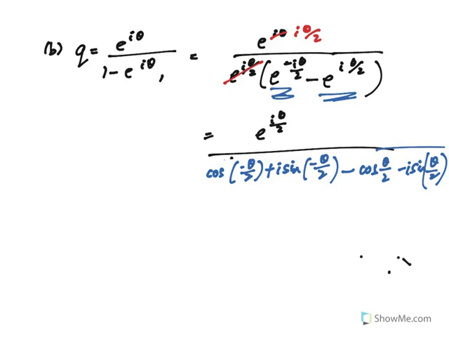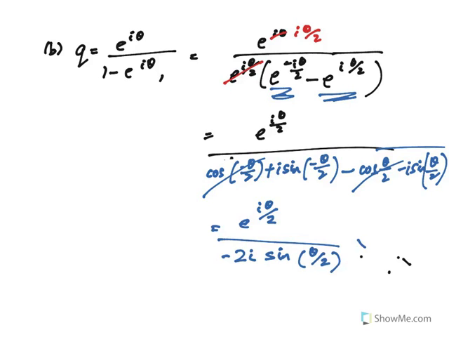Again, this and this are going to cancel off. I'm just going to be left with e to the power iθ/2 times negative 2i sine θ/2. If I try to rationalize this, i squared becomes negative 1. I will be left with e^(iθ/2) over 2 sine θ/2.